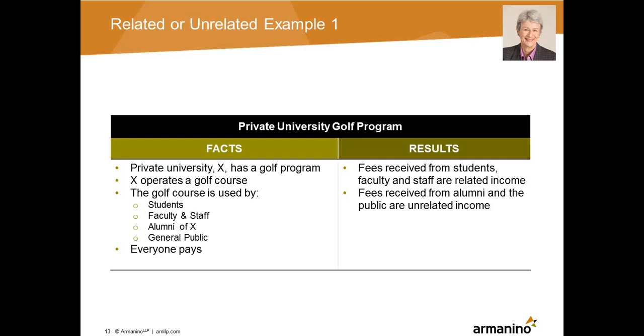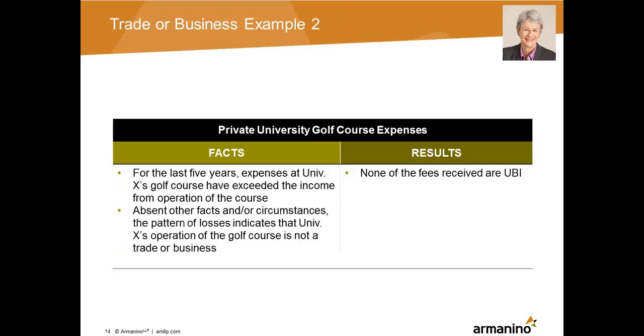Everyone pays green fees. The result of this is that the fees received from the students, faculty, and staff are going to be related income. The fees received from alumni and the general public are unrelated income, because when you're allowing the alumni and general public to play on your course, you're like any other golf course. So that's a good example of related revenue versus unrelated revenue from the very same activity.